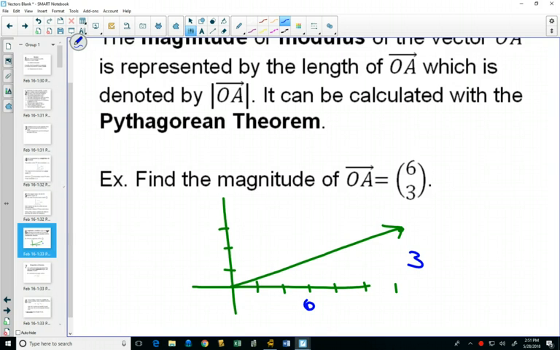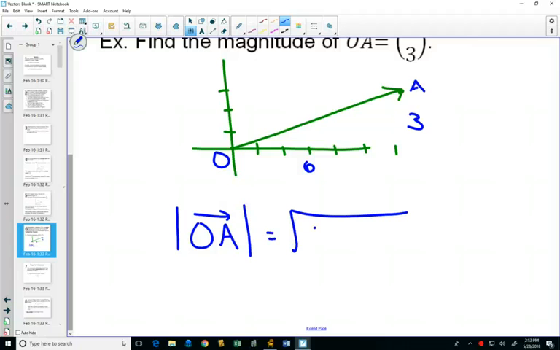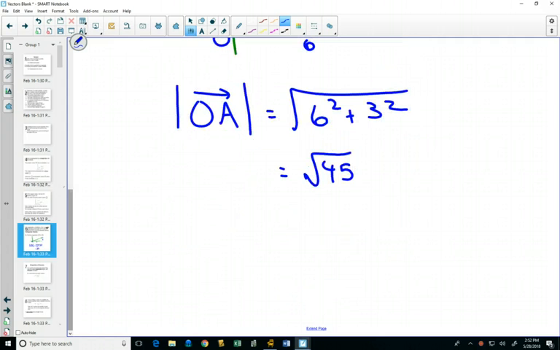So we could say that the length of the vector OA is just the square root of 6 squared plus 3 squared, which is the square root of 45. And of course, in a textbook, how would this answer be written? 3 root 5.